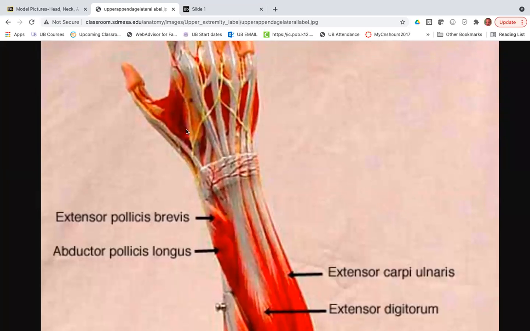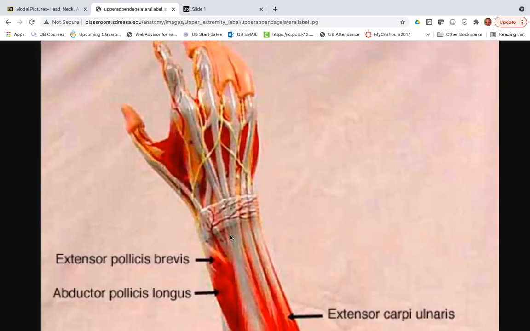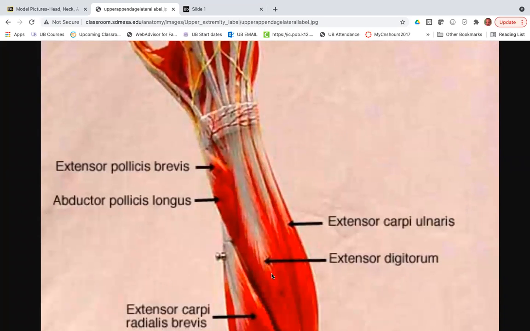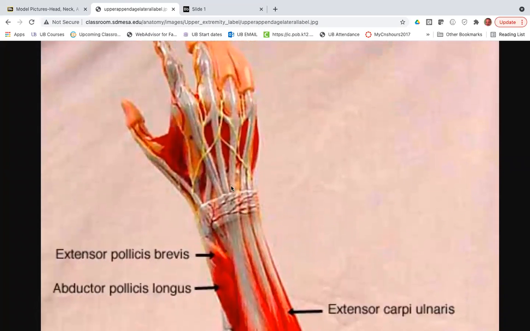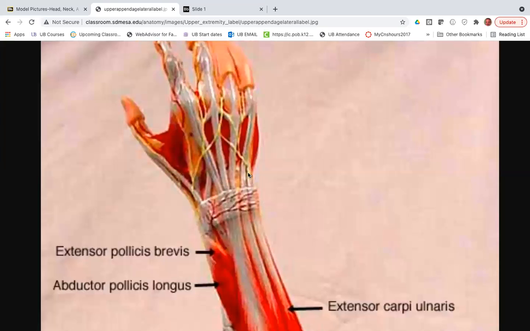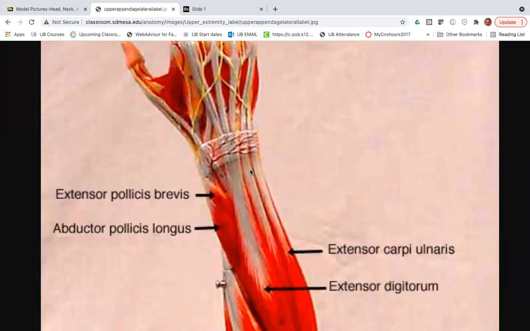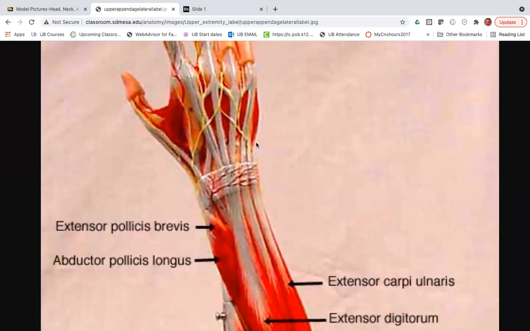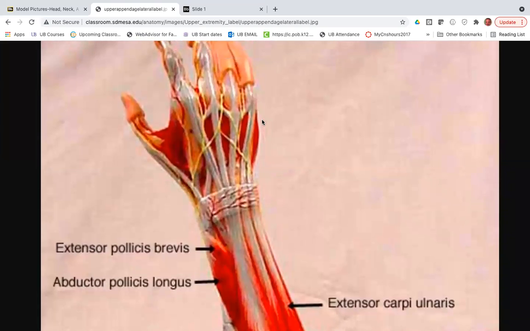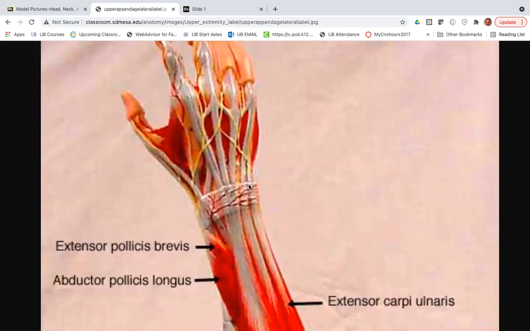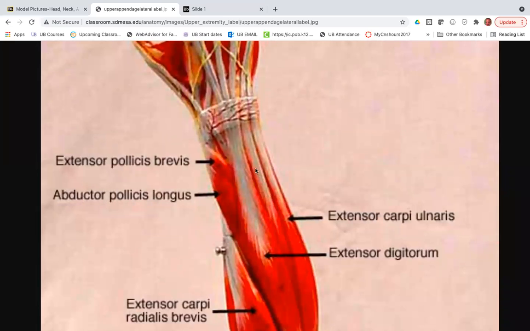Everything that's going to the thumb, all these that are going to the digits. But if we look at the extensor digitorum, it's going to go to digits 2, 3, 4, and it's going to have a little bit of an extension here to the 5th, okay? But the 5th really is unique because it's going to have its own little extensor called the extensor digiti minimi, which is this one right here.